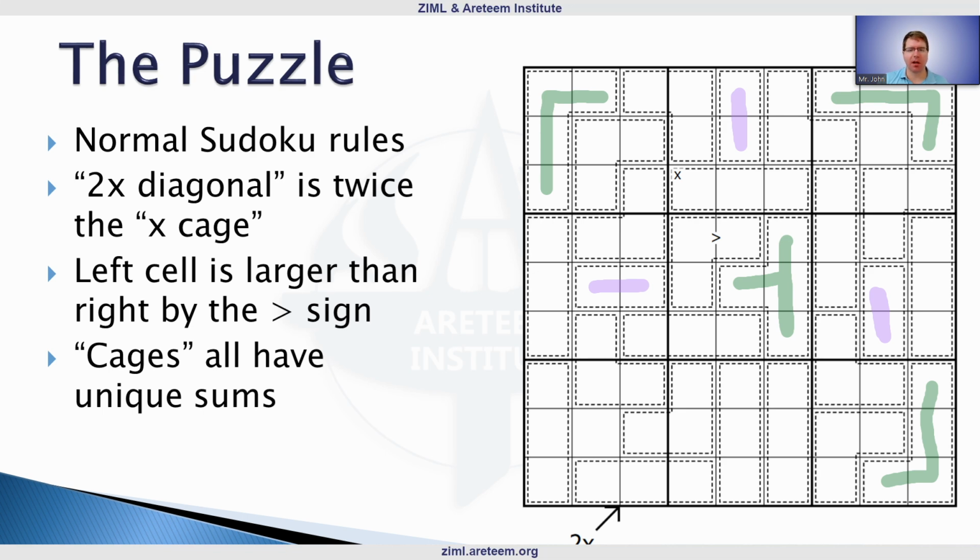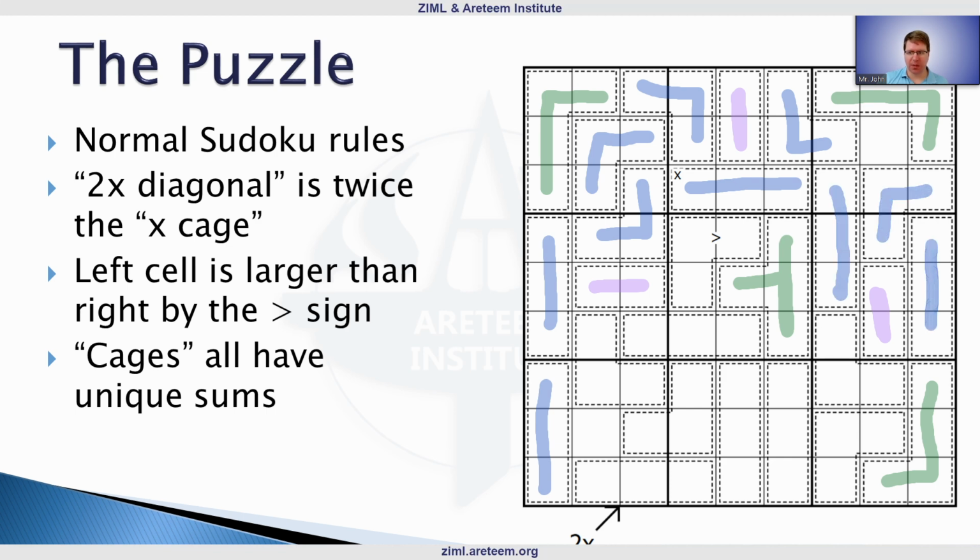All of the rest, and this is a little bit of a spoiler for things to come, if we look at all of the other cages, are going to be of size 3. There's a couple missing, which will be the focus of our question.